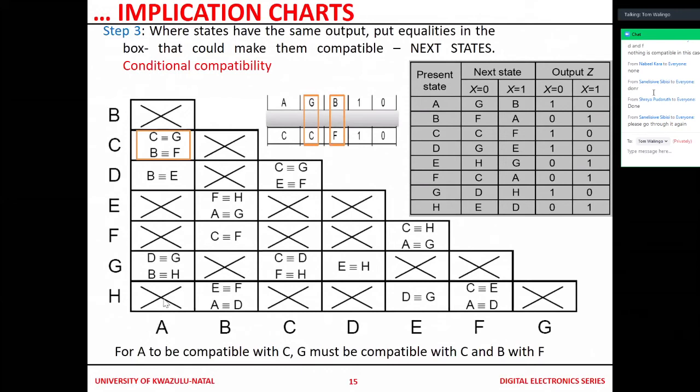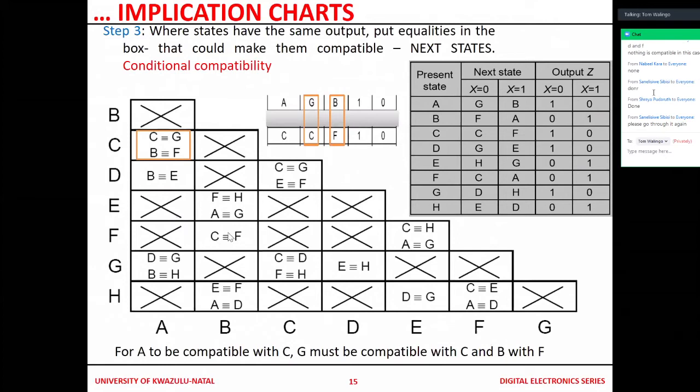This means for A to be compatible to C, C must be compatible to G, and B must be compatible to F. This square means for A to be compatible to D, B must be compatible to E. That is the condition, conditional compatibility. Where there is an X, you say A cannot be compatible to E. That is clear.